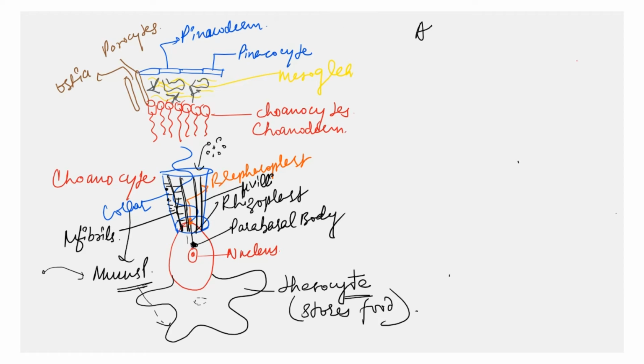Let us just discuss the amebocyte. These amebocytes are present in the mesoglia, the jelly layer between the pinacoderm and the choanoderm. These amebocytes are going to get modified into many different types of cells. The basic cells which have the capability to produce these different types of amebocyte are called archaeocytes.